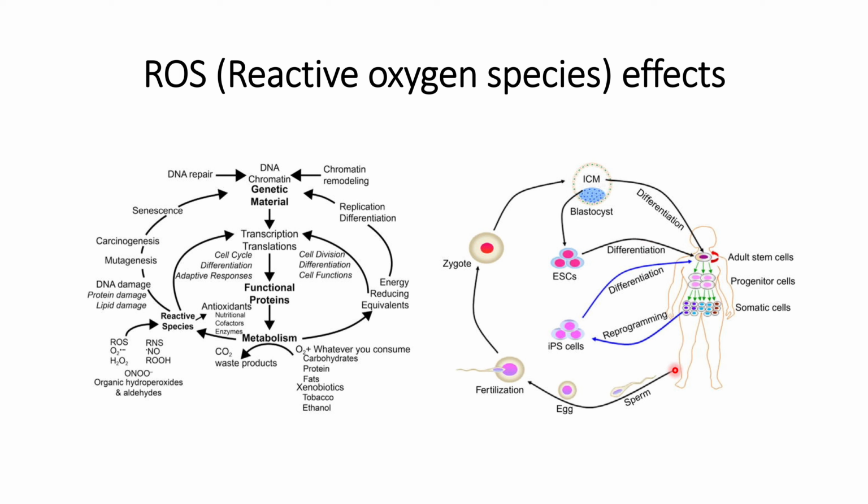That is, it starts from a very initial state when the sperm interacts with the egg and fertilization occurs, then zygote formation occurs, and finally it leads to the formation of the ICM, that is the inner cell mass.